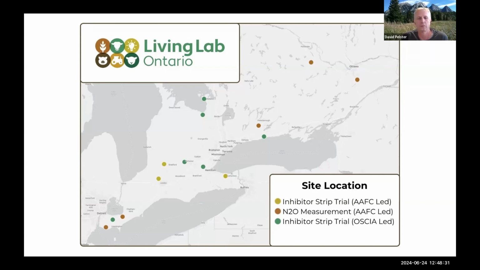So we have one around Peterborough, one south of Ottawa, and one west of Ottawa, and then the 2 in sort of southwestern Ontario that Craig's leading. Then we have a number of strip trials that AAFC is leading, or OSCIA is leading, where we're looking primarily at the effect on the yields.